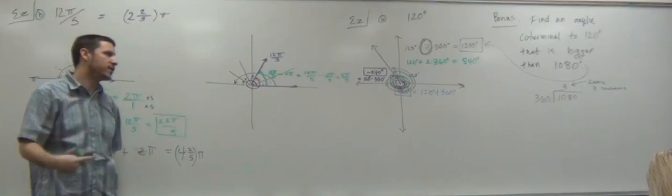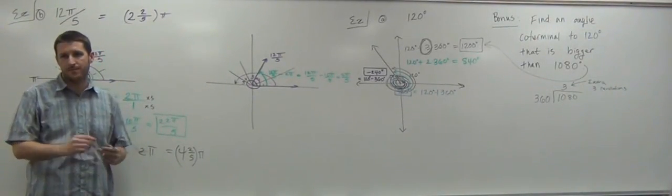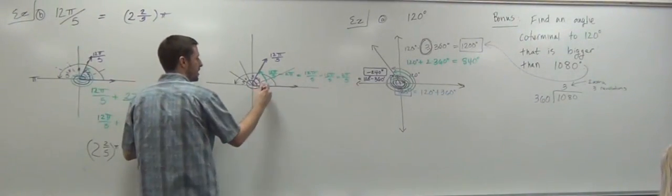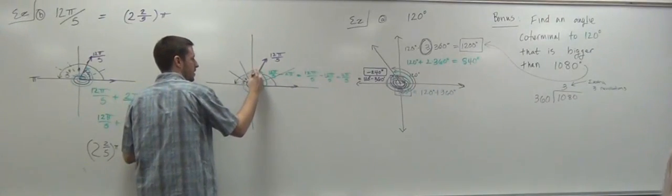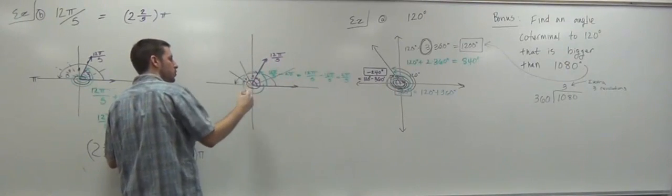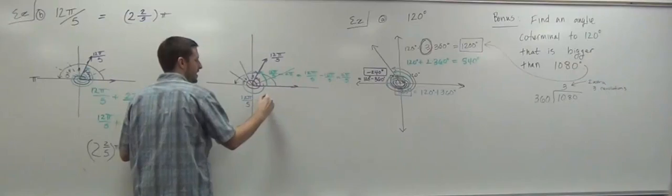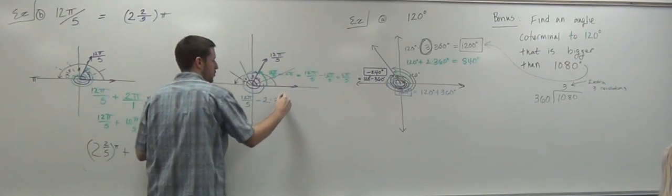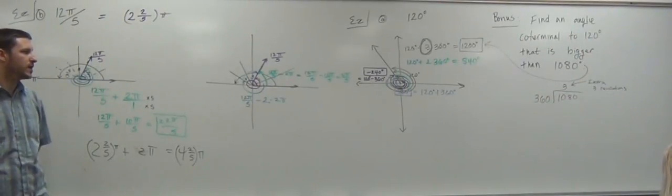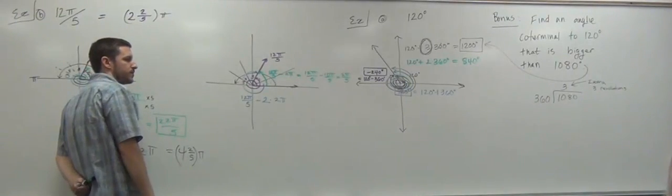But that doesn't give me a negative coterminal angle. I would have to go again. A negative coterminal angle would actually end up going this direction, and to get it, you would have to subtract 2 times 2 pi. You'd have to do 12 pi over 5 minus 2 full revolutions. Subtracting 1 revolution is not good enough, so you subtract 2 revolutions.